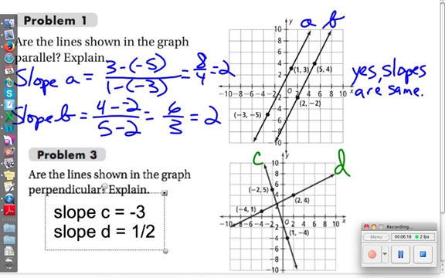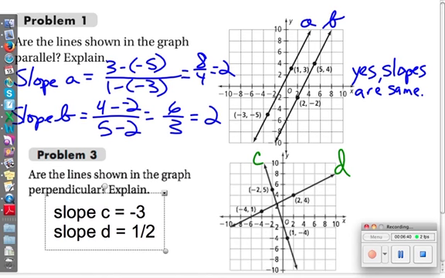Are the lines perpendicular? We sound like we're split. These are the slopes that I found. Did you find the slopes to be the same? Okay. Are they opposite reciprocals of each other?